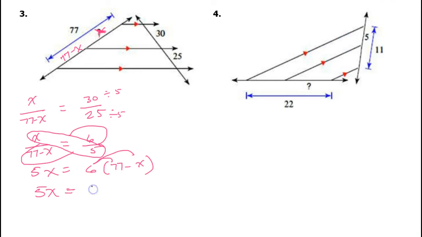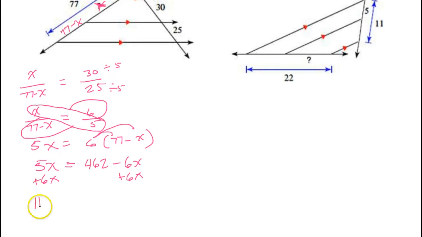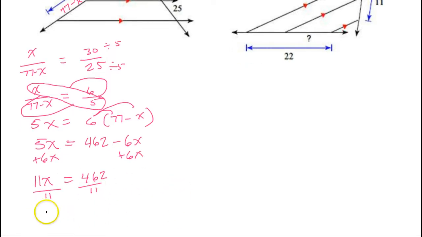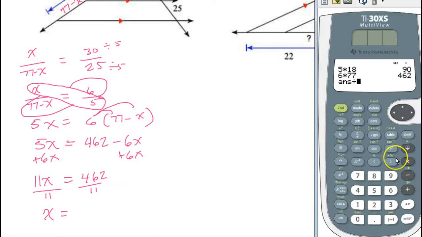So I've got 462 minus 6x. I want to add 6x to both sides, so that is going to give me 11x is equal to 462. Then I will divide both sides by 11, and that is 42.